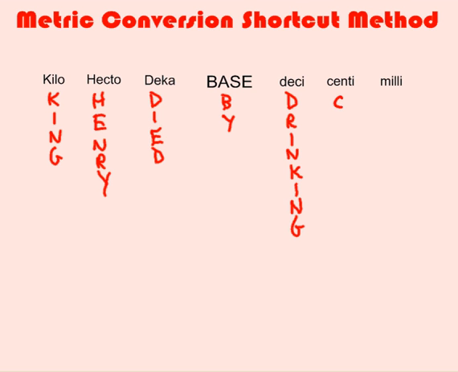For centi, we use the word chocolate. And for milli, we use the word milk. So an easy way to remember the metric prefixes in order from largest to smallest, just think of King Henry died by drinking chocolate milk. Kilo, hecto, deca, base, deci, centi, milli.